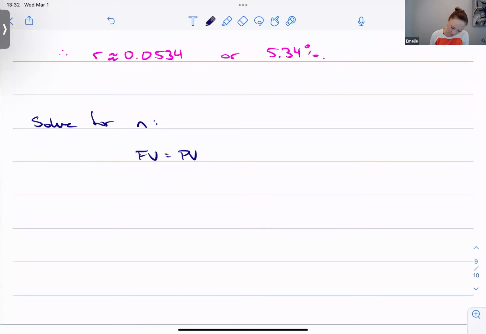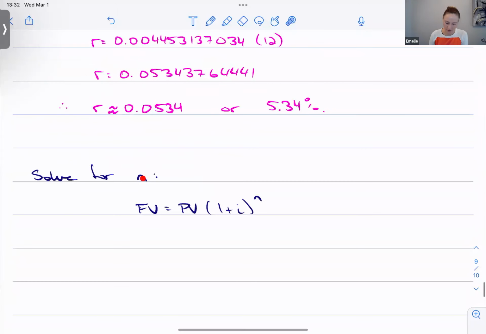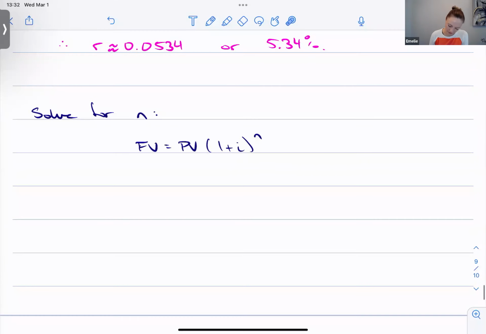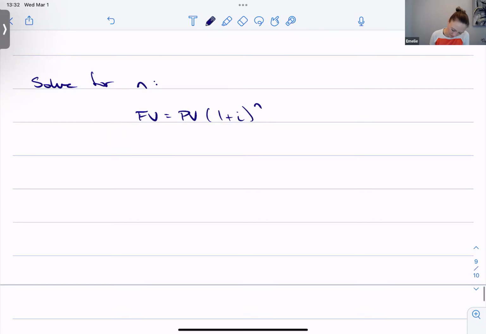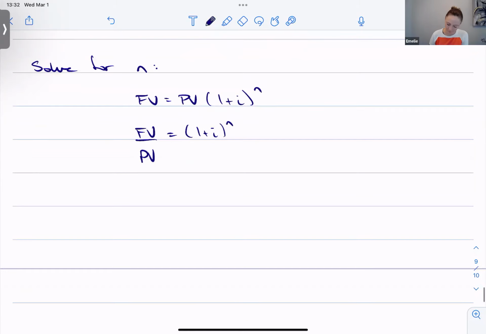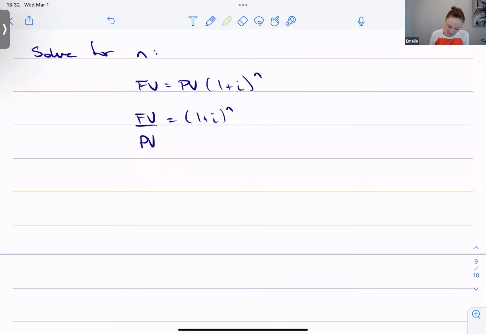So the future value is the present value times 1 plus I to the power of n. And we're solving for n. Uh-oh. N is in the power. How do I shake it down? Logs, right? First thing I need to do is take this present value over to the left-hand side. The future value over the present value is 1 plus I to the power of n. Now we need to take the natural log of both sides.